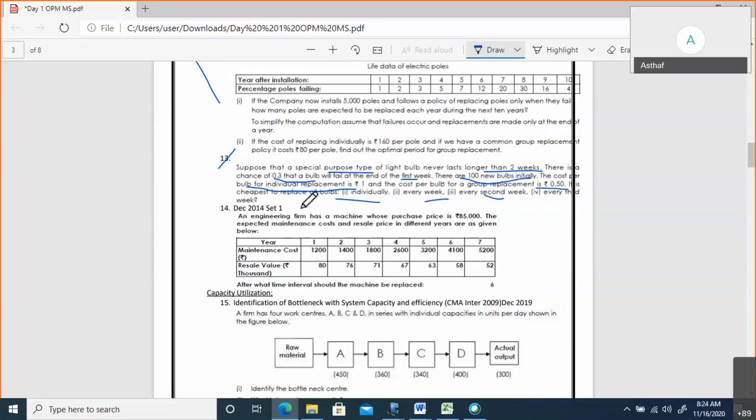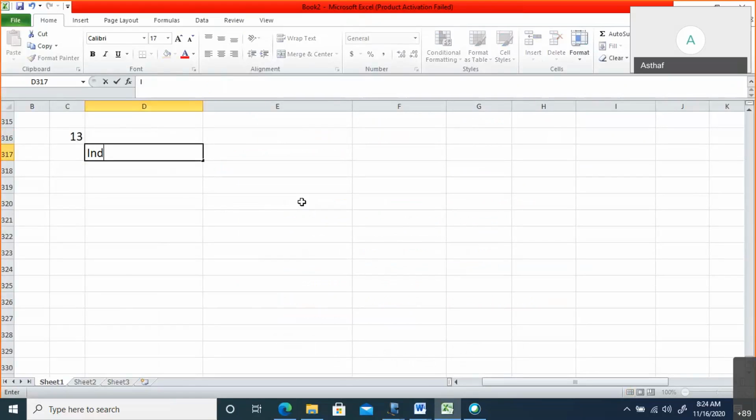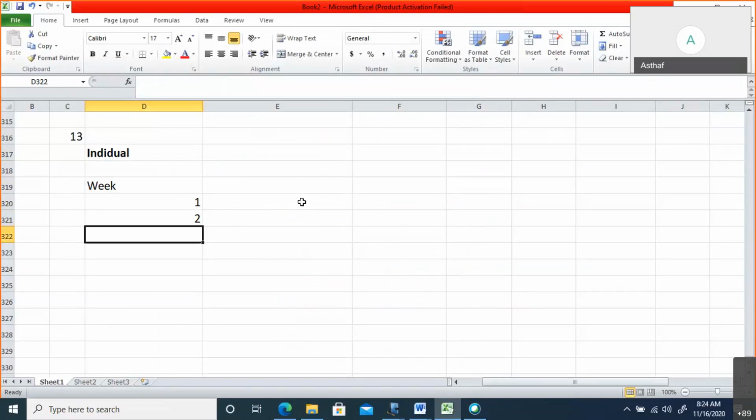See, listen very well. First we will do it individually, for your benefit. Week 1, 2. The question itself is telling that the bulb will not live more than 2 weeks. The question is asking what is the cost for the third week.